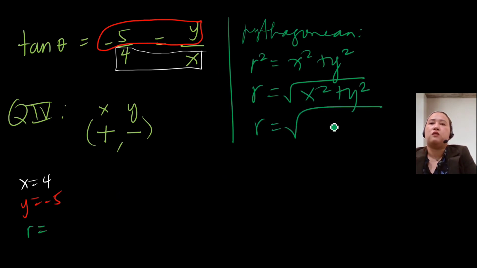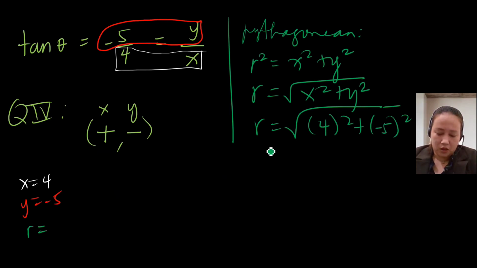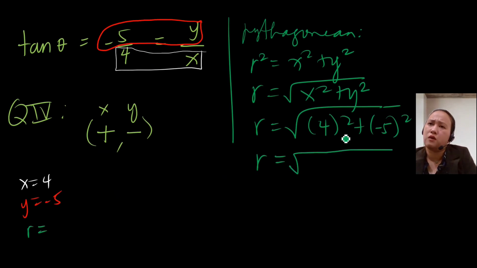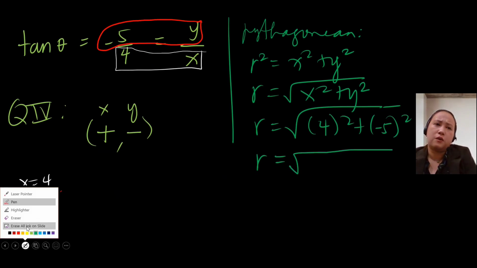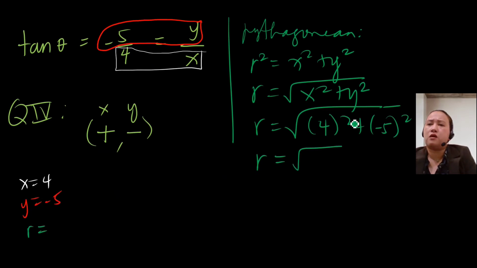Substituting x is 4 and y is -5, we have r equals the square root of 4 squared, that is 16, plus negative 5 raised to 2, this is 25. So we have 41. So r equals the square root of 41.